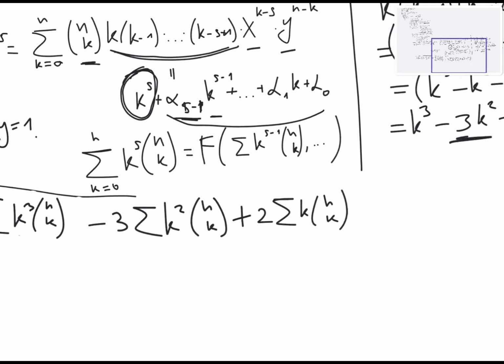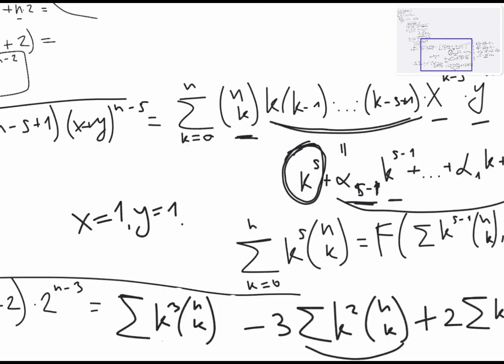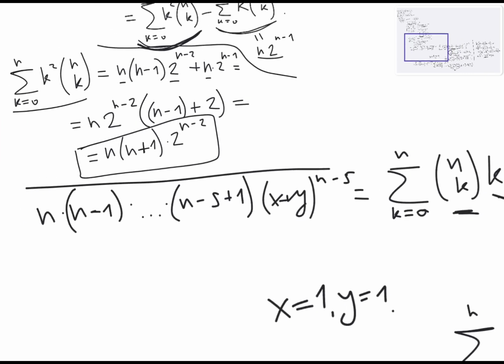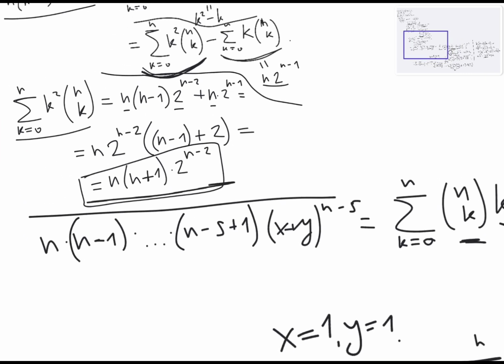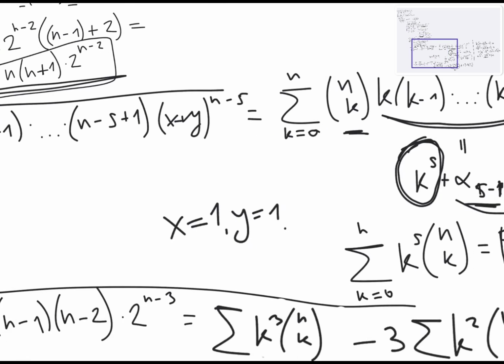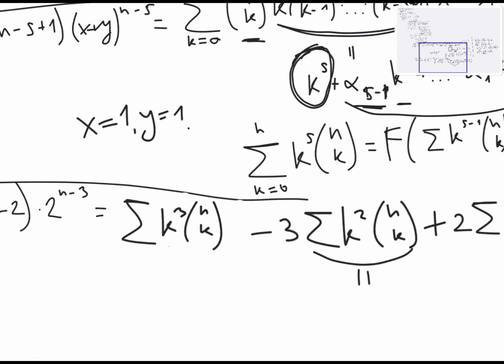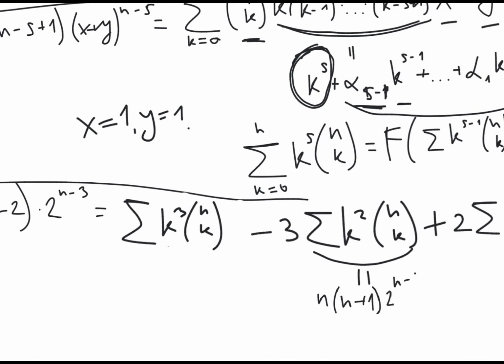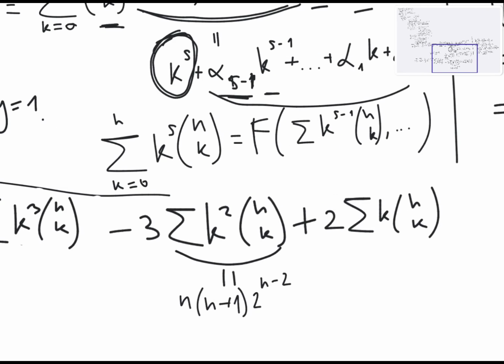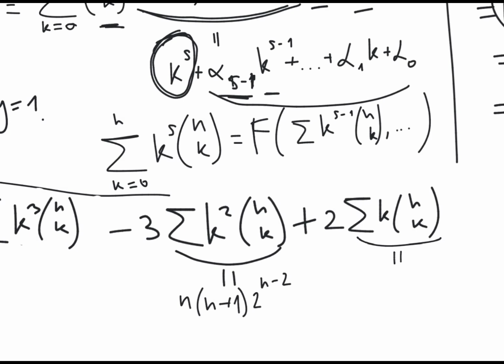Now this sum we already calculated, it's equal to n multiplied by n plus 1, 2 to the power n minus 2, and this sum is also calculated, it's equal to n 2 to the power n minus 1, right?